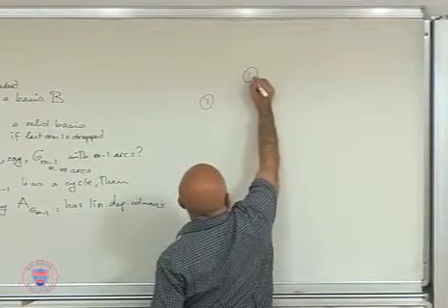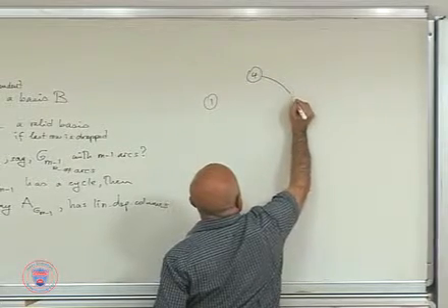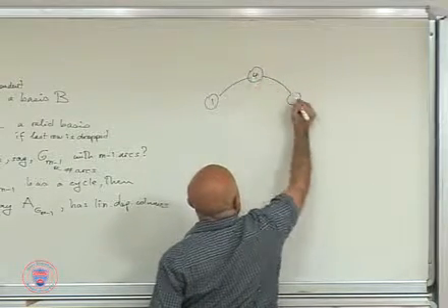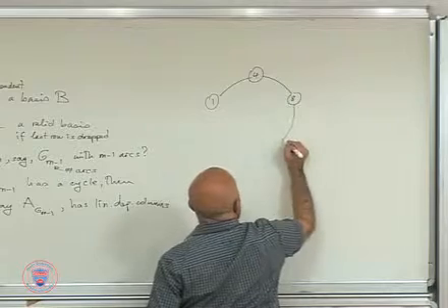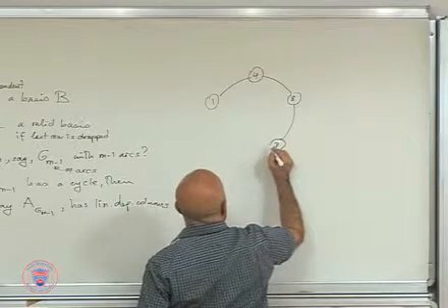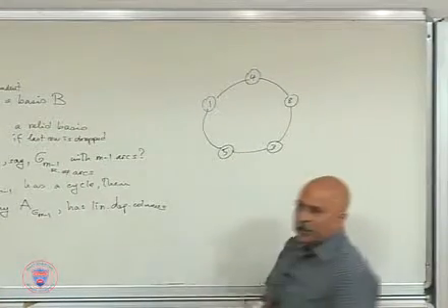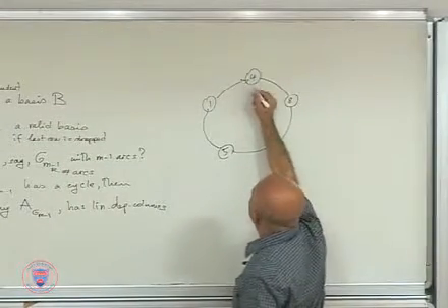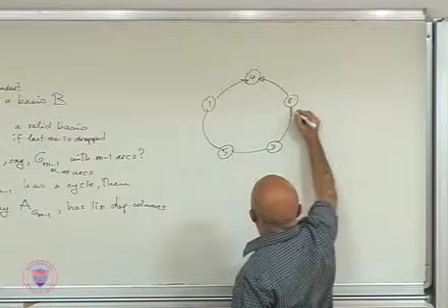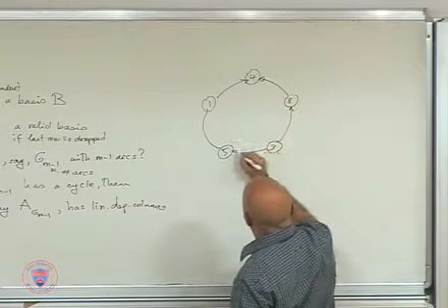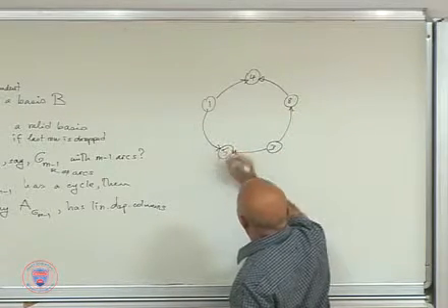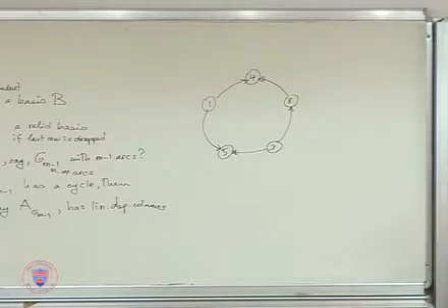Suppose you have a chain like this with certain arc directions, whatever they are. Suppose these are the arc directions. Remember, in a chain, you don't really pay attention to the arc directions.